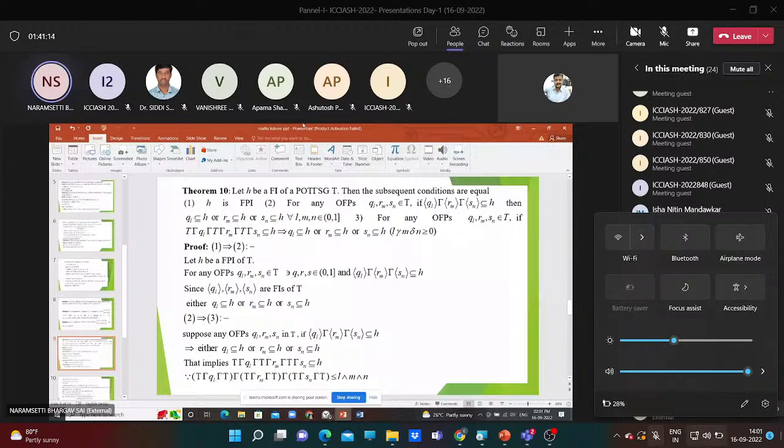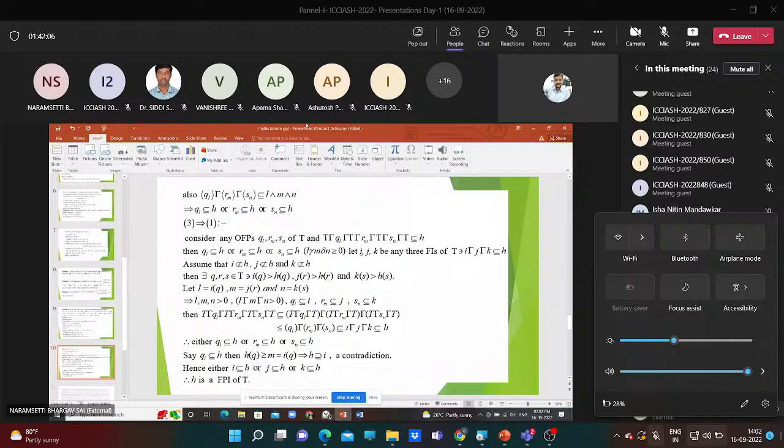Second, for any ordered fuzzy points Ql, Rm, Sn belonging to T, if Ql gamma Rm delta Sn is a subset of H, then Ql subset H or Rm subset H or Sn subset H, for all l, m, n belonging to open 0, 1. Third, for any ordered fuzzy points Ql, Rm, Sn of T, if T gamma Ql gamma T gamma Rm gamma T gamma Sn is a subset of H, implies Ql subset H or Rm subset H or Sn subset H.